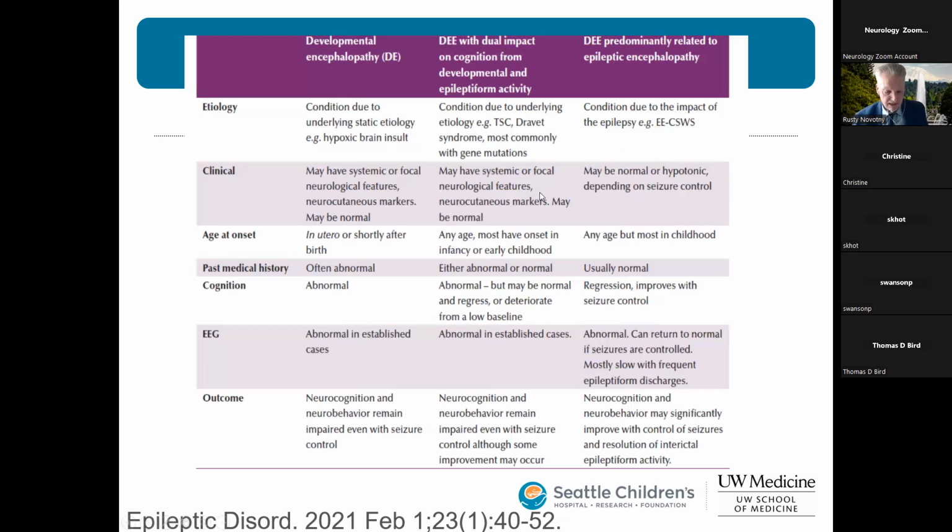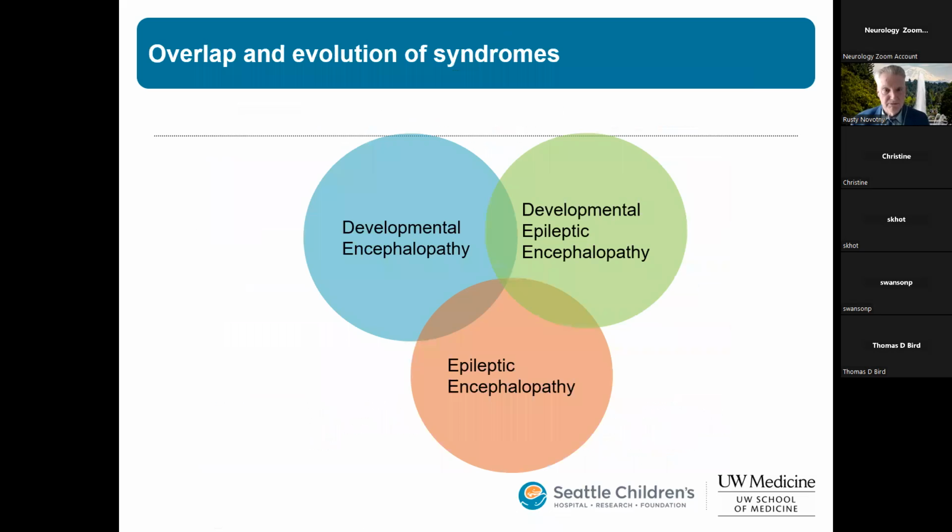So there's obviously a lot of overlap of these conditions, and it raises the question of when do the seizures have impact on development? Are seizures actually causing brain injury, or more importantly, in the pediatric world, impairment of normal developmental processes?